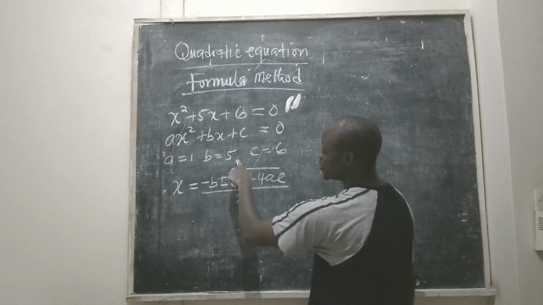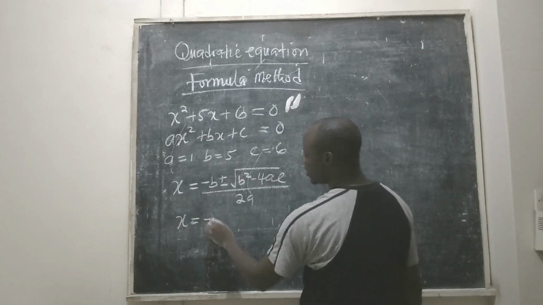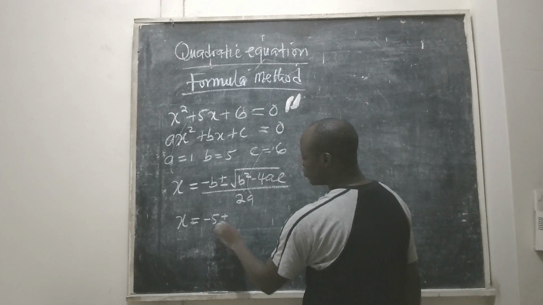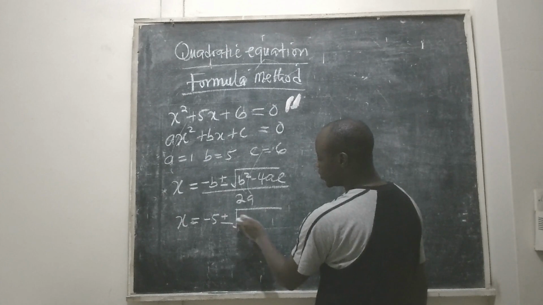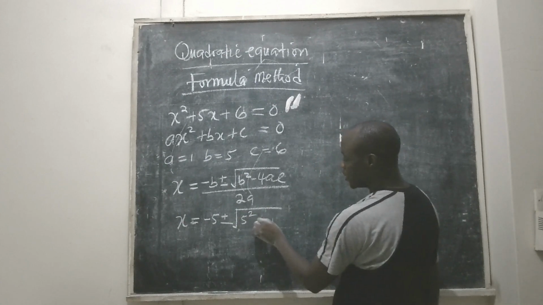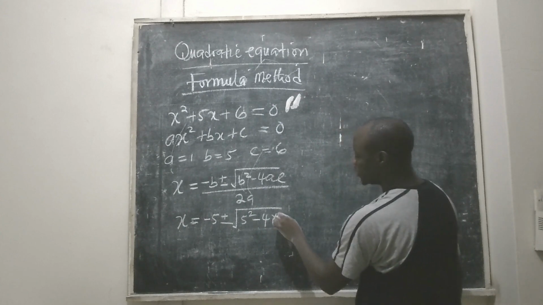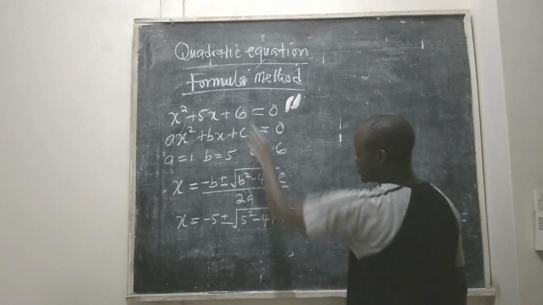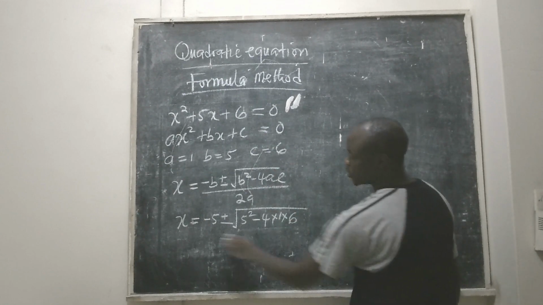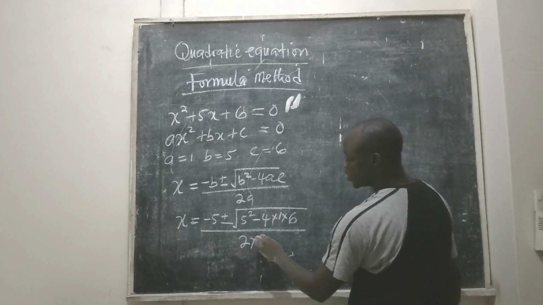So x is equal to minus 5 plus or minus the square root of 5 squared minus 4 times 1 times 6, and we divide through by 2 times 1.